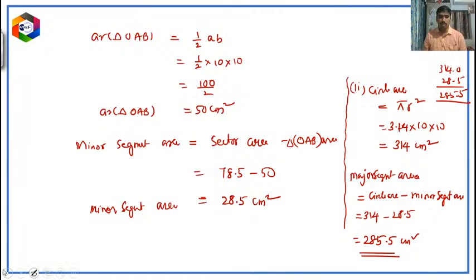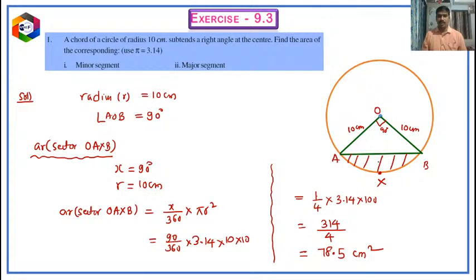Okay. Regarding calculation, when compared with the previous problems, that means the examples we have discussed, this is a very simple idea. So once again, quickly I will give the idea. This is the area to be calculated. First the sector area, 90 degrees is clearly given, 90 by 360 into 3.14 into 10 into 10, which is equal to 78.5. Now the triangle area, half into A into B, since these two are the sides containing the right angle.